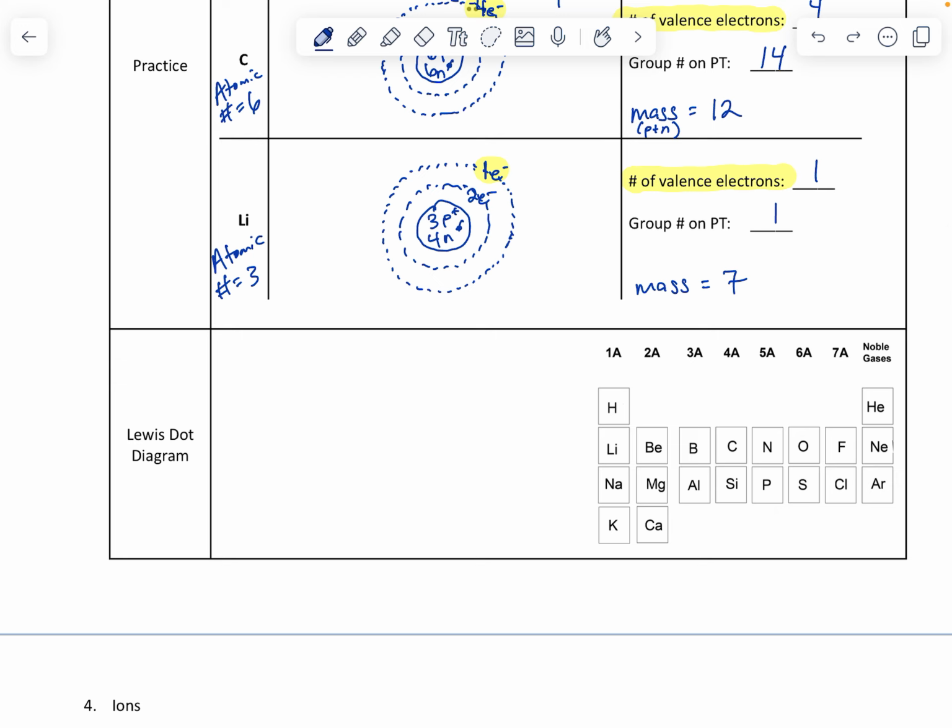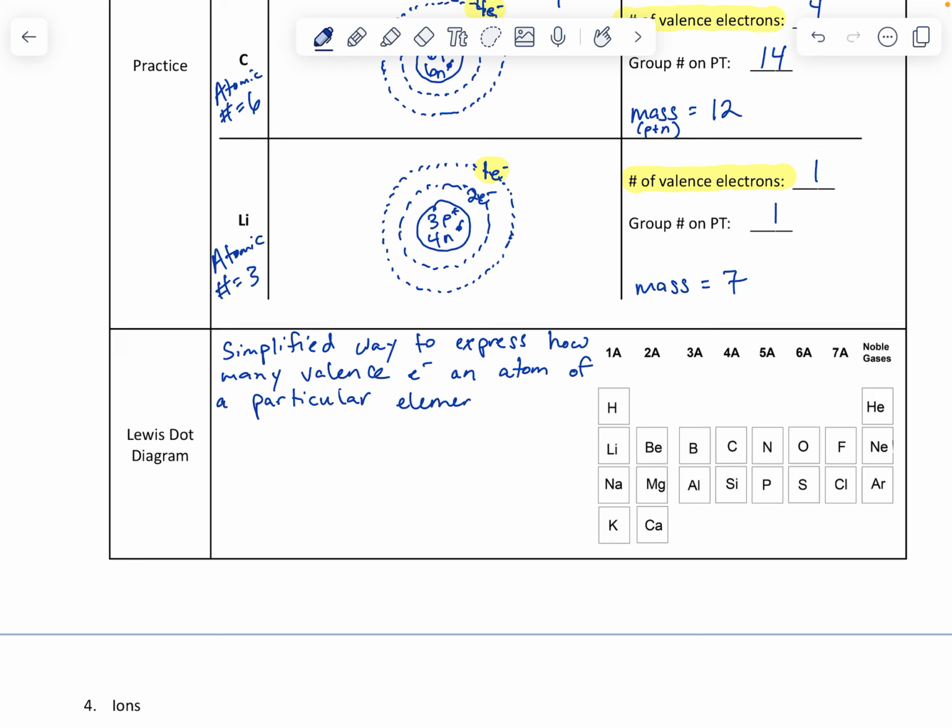Lewis dot diagrams are a simplified way to express how many valence electrons an atom of a particular element has. And remember, atom means atom as in neutral.